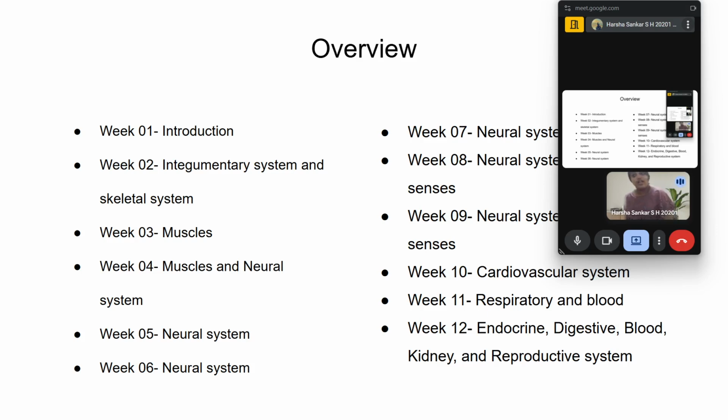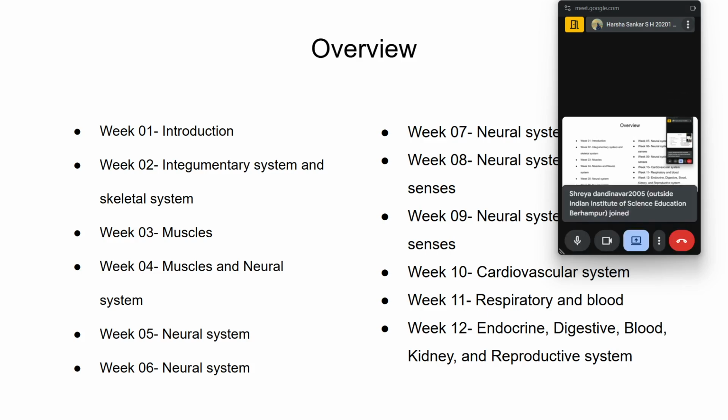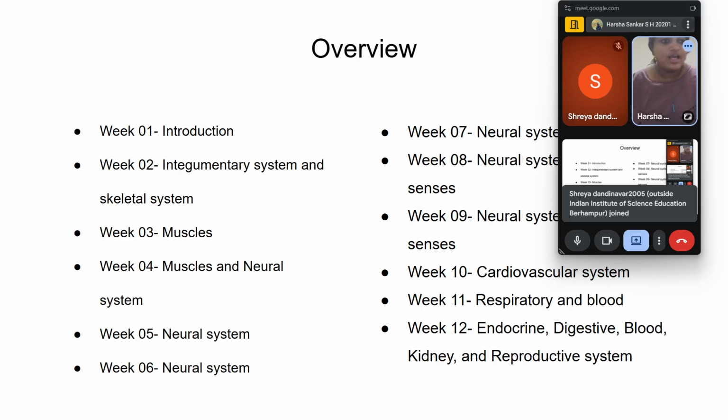The heart always purifies the blood and it is always connected to the lungs. In week 11, we mainly learned about the respiratory system, the function of the heart, how they perform, how they help in the purification of blood and send oxygenated blood back to the heart, those connections, and the different types of blood vessels.